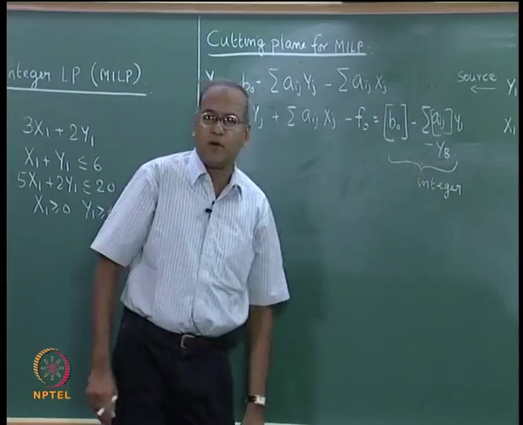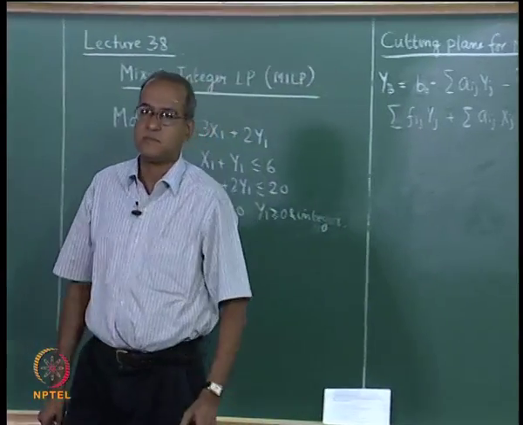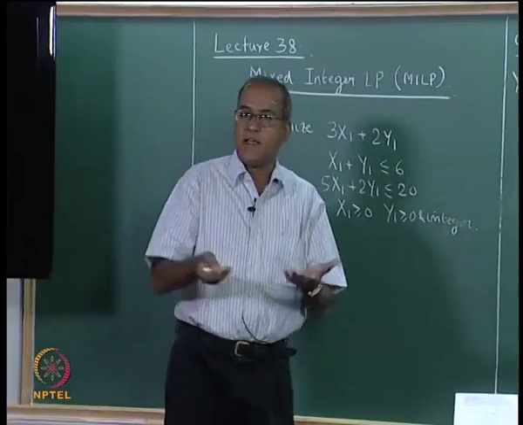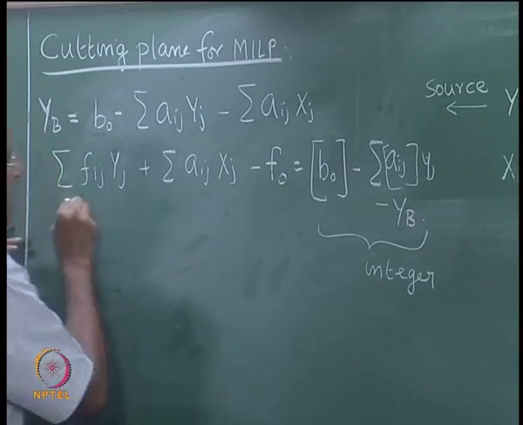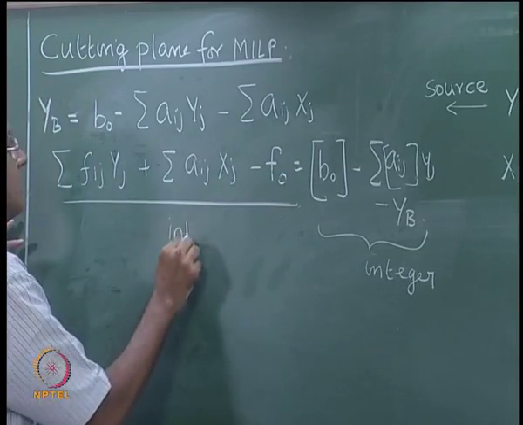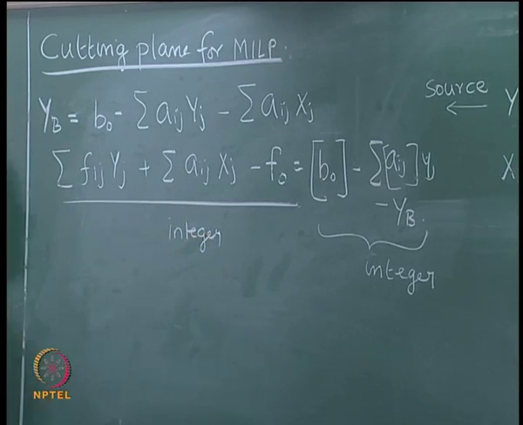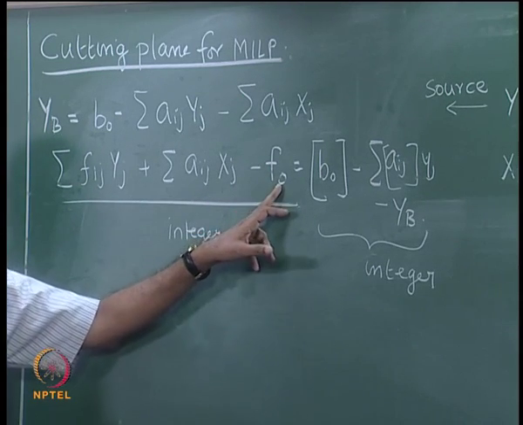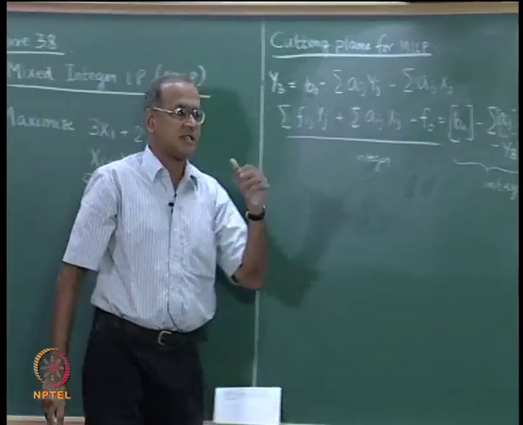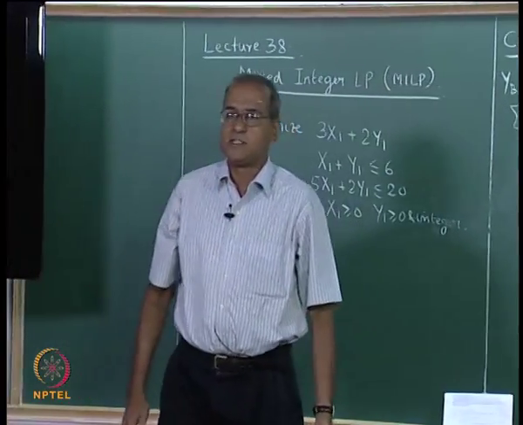So, the right hand side portion is an integer, which also implies that the left hand side portion is also an integer, because this is an equation, even though it has a lot of fractional components. Now, F naught is a fractional component, all these Fij's are fractional components and so on.